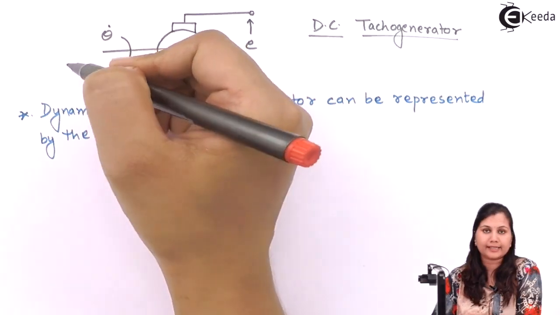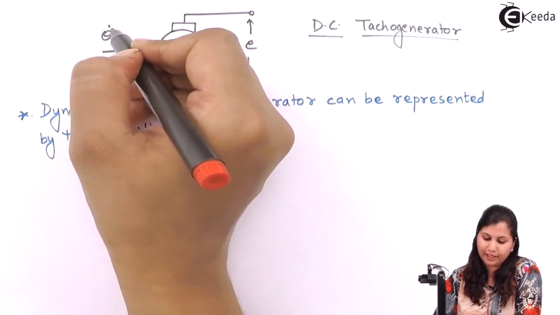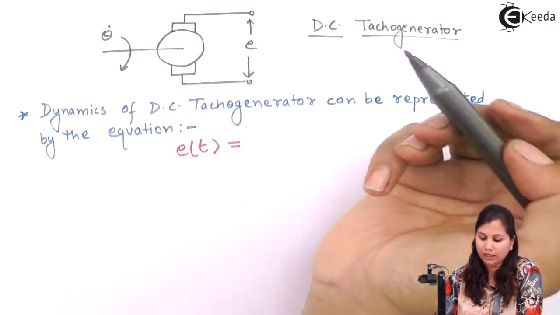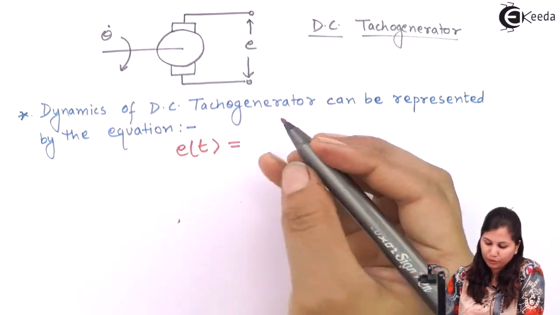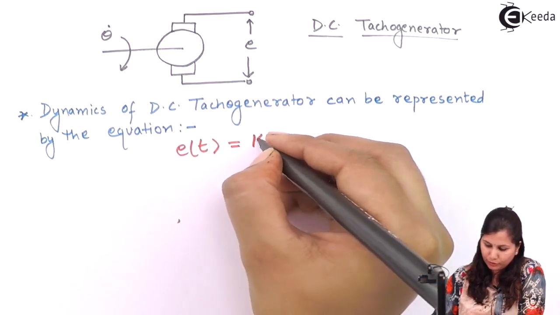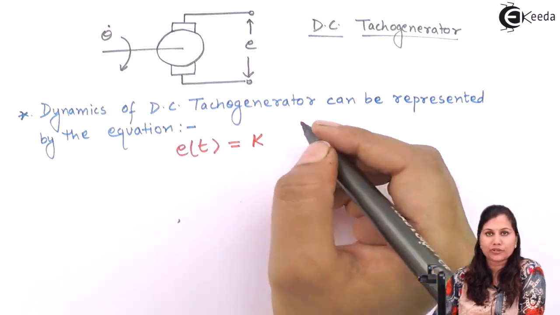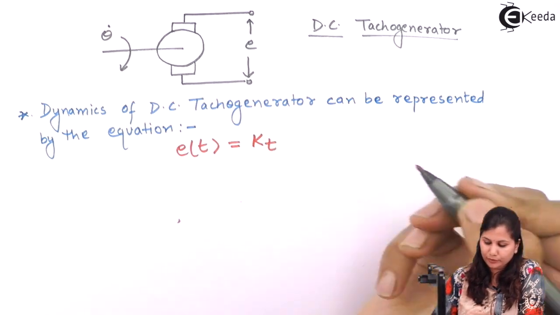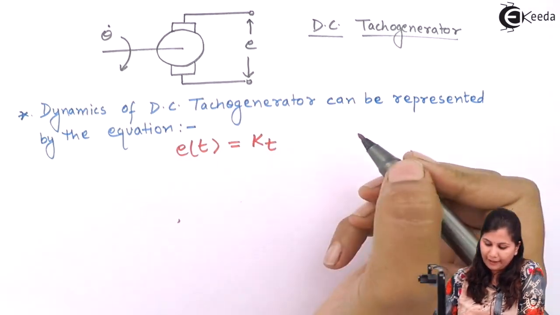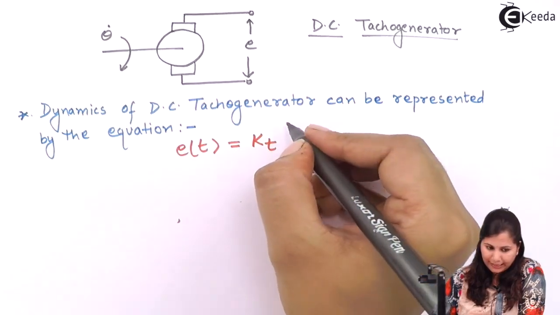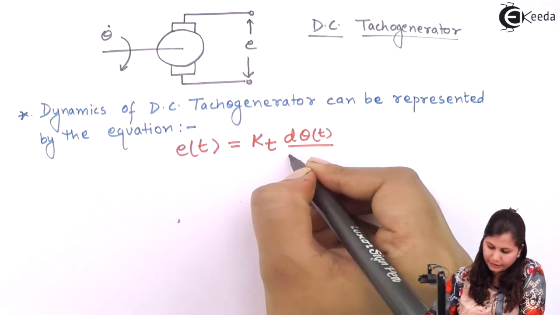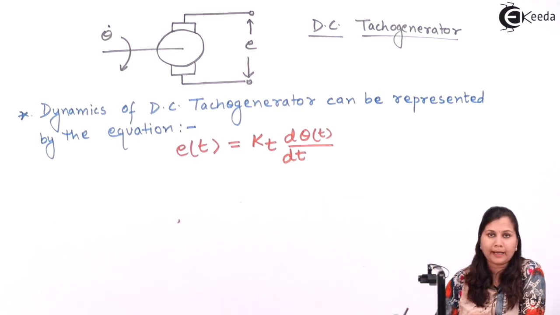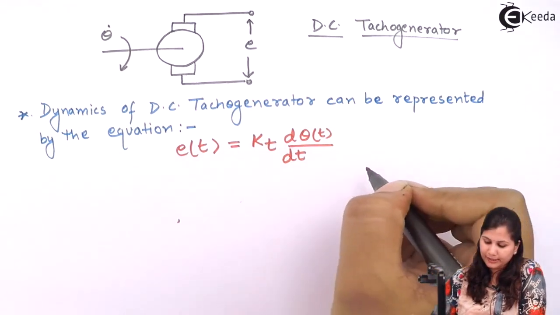Here theta is the displacement, and theta dot is the shaft or angular speed. If we remove the proportionality sign, then we have to introduce a constant. So here we have the constant Kt, and E equals Kt times d theta(t) by dt, that is the angular speed.